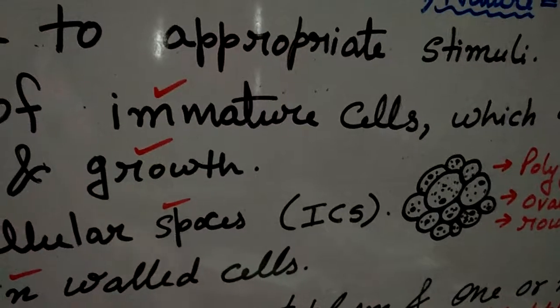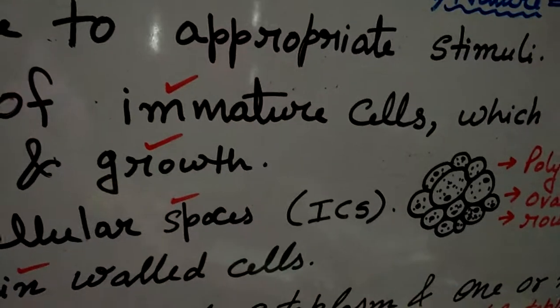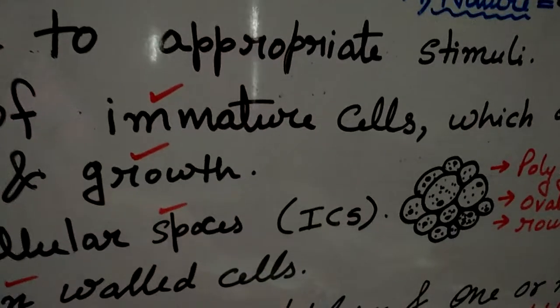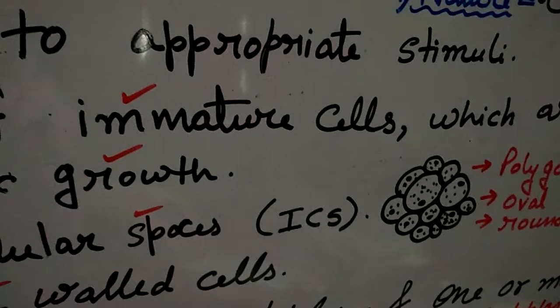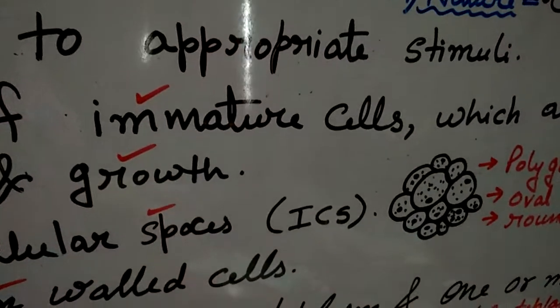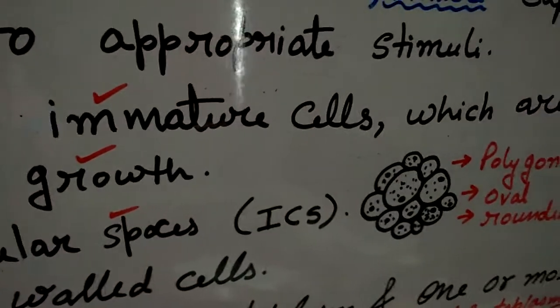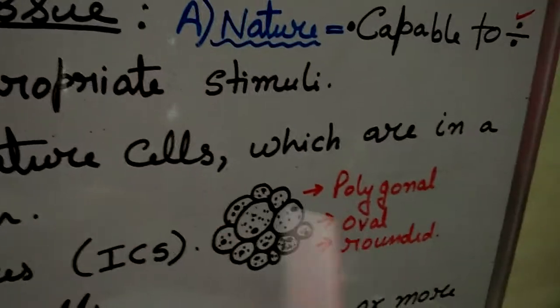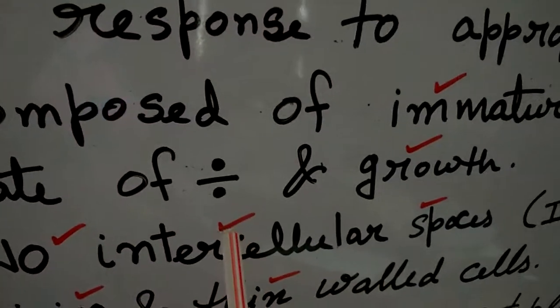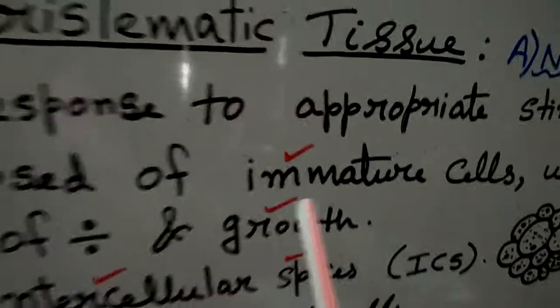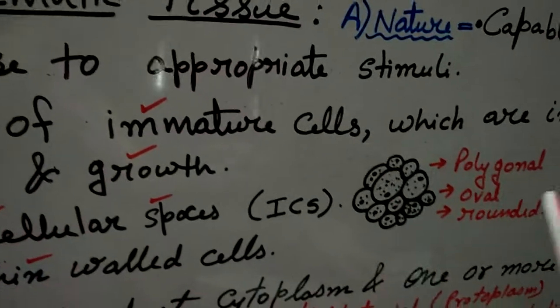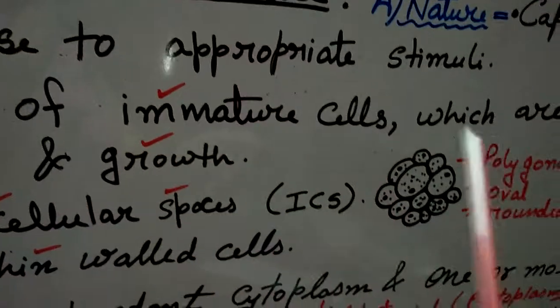After getting synthesized or formed, these cells are not mature even after a long lifespan. These cells prefer to stay immature, and these immature cells are in a state of continuous division and growth. So I have marked these words here: immature cells, division, growth. These words are very important.